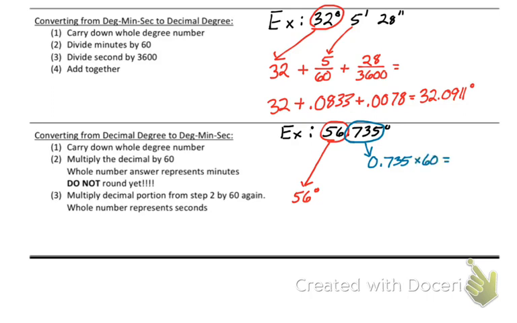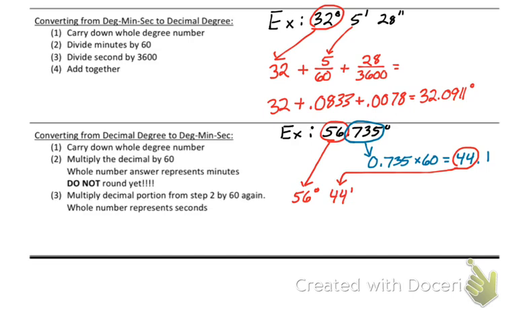And that's going to come out to 44.1. That 44 right there is now your minutes. So you're going to carry that over here, and you're going to say it's 44 minutes.